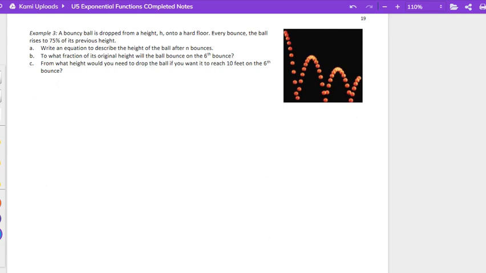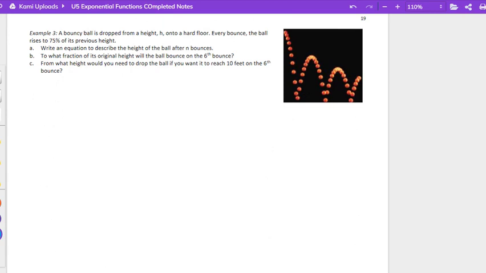And we know that a ball will never bounce right back to the original height, because some of the energy is transformed into sound energy and thermal energy.